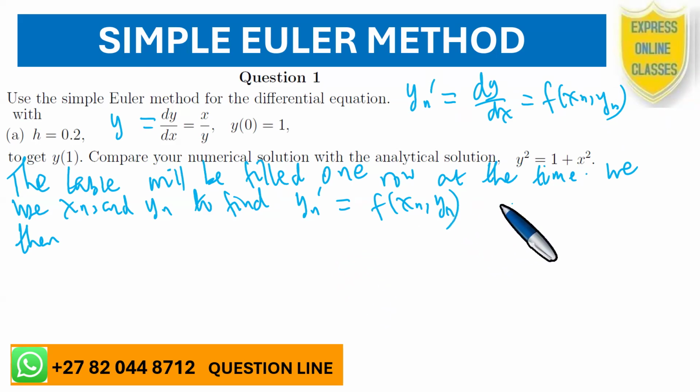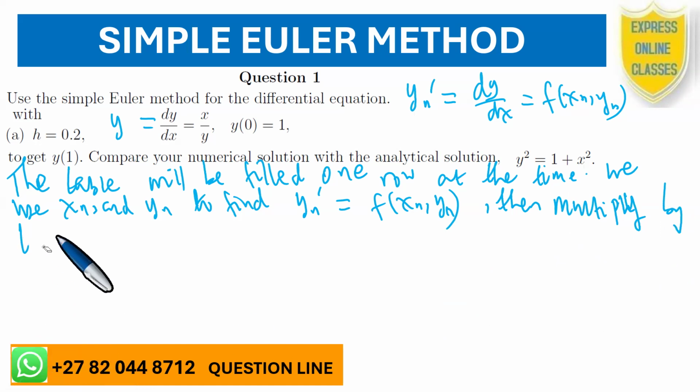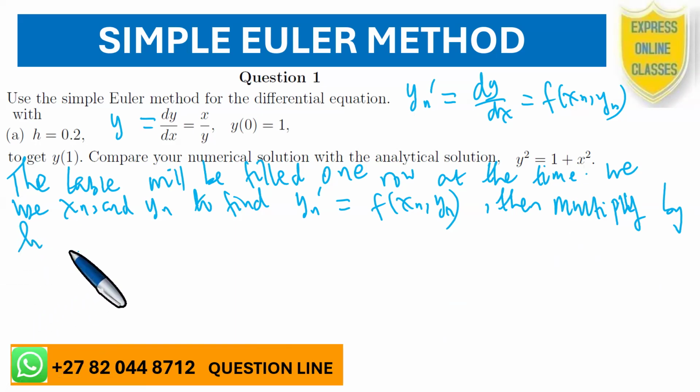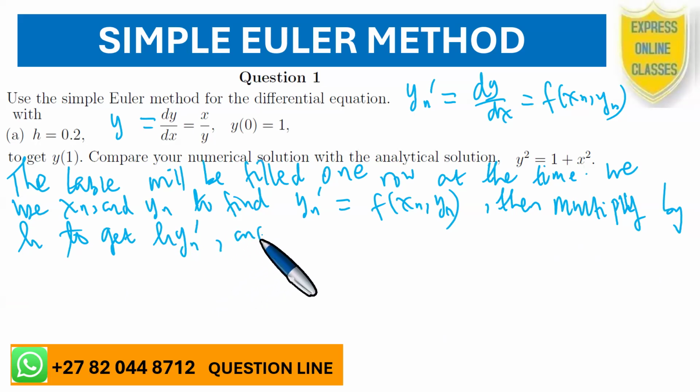When this is the case, multiply by h to get h times y_n prime.